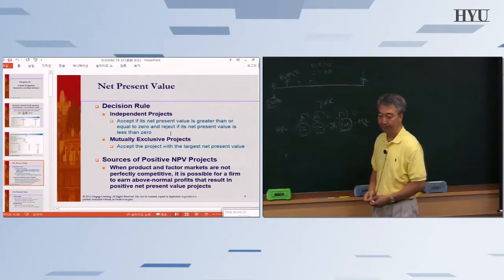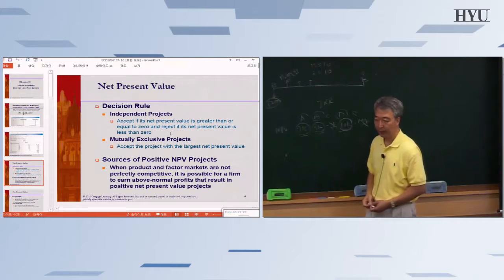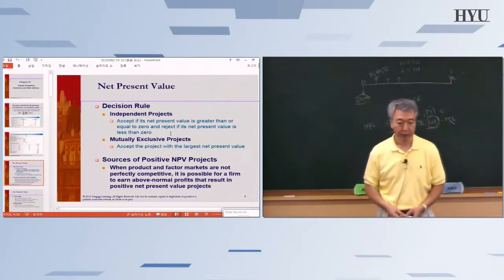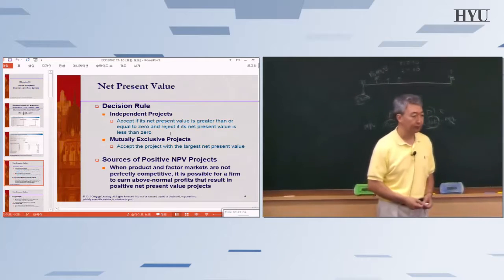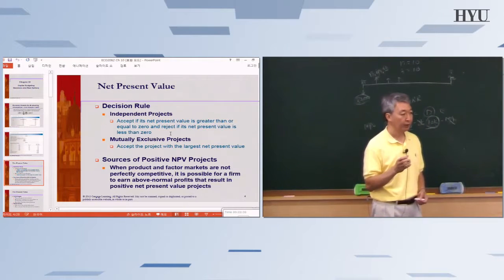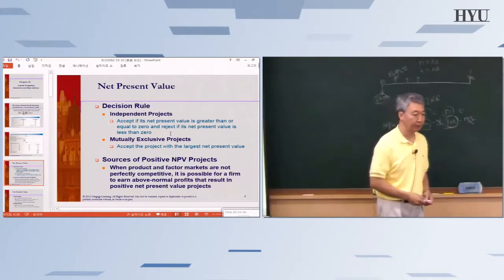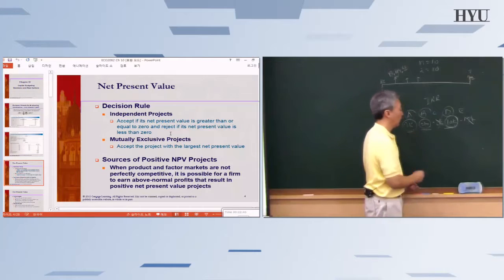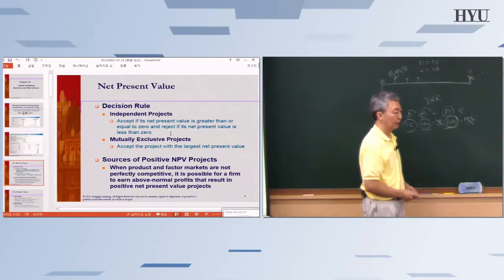Okay? I was thinking more of the rationing, capital rationing, right? If you have certain limit, okay, or limited fund or finite fund, okay, then you should choose the one until your fund lasts.